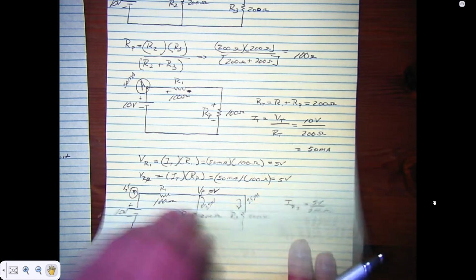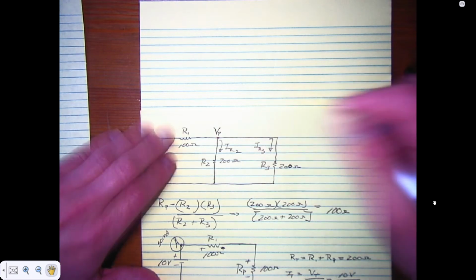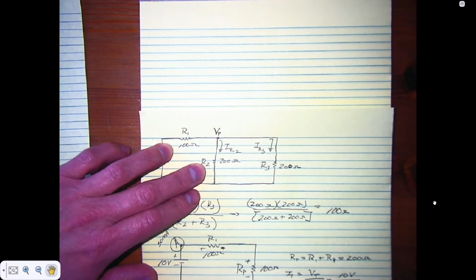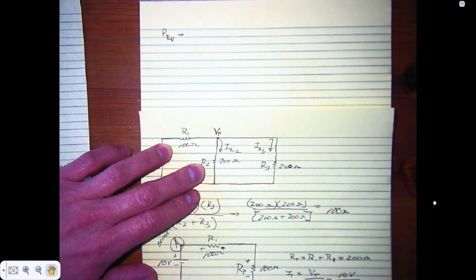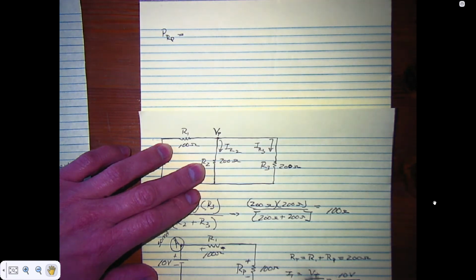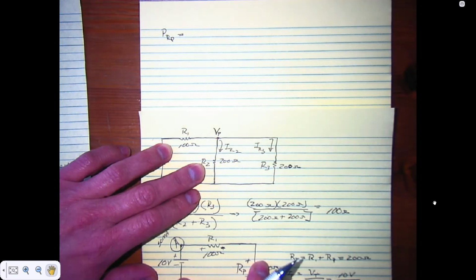So I could even move on to something else. Let's say I want to find PRP. Well, I just take the series circuit here, and I can find the power through this resistor. So PRP is equal to I squared R. That would be I squared times RP.